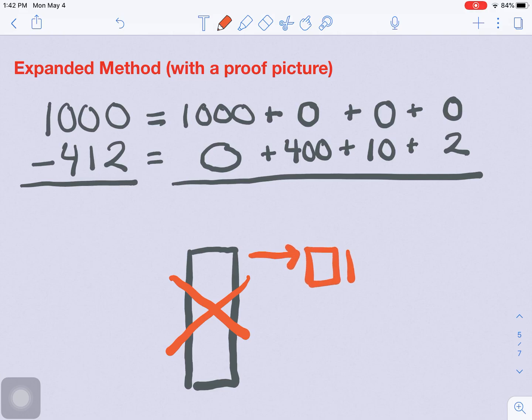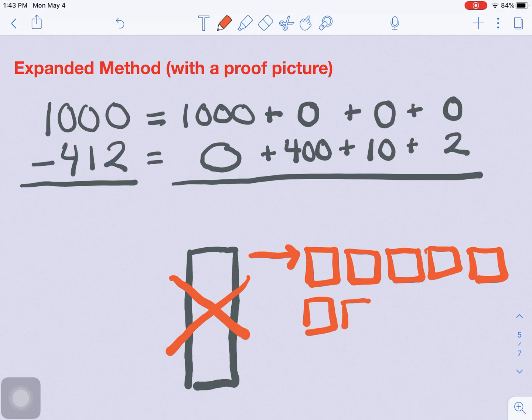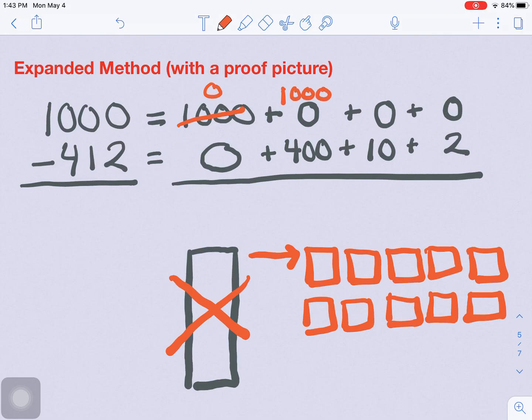And I would have to make my 10 100s. Okay, so at this time I have ungrouped my 1,000, and I have 10 100s, which is worth actually 1,000.